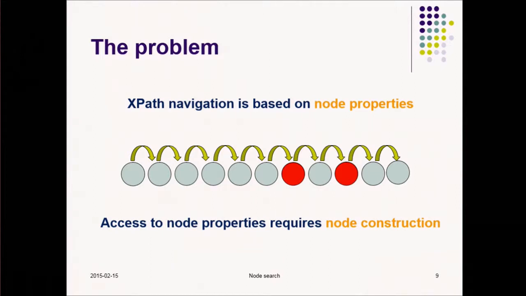XPath navigation is based on node properties. Access to node properties requires node construction. So navigation must be preceded by the parsing of the documents. So XPath cannot search for bookings with a red status.